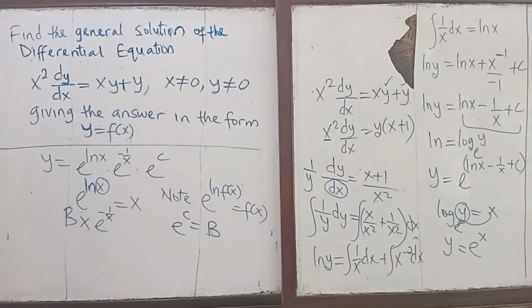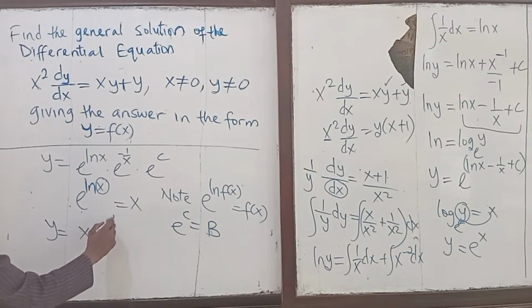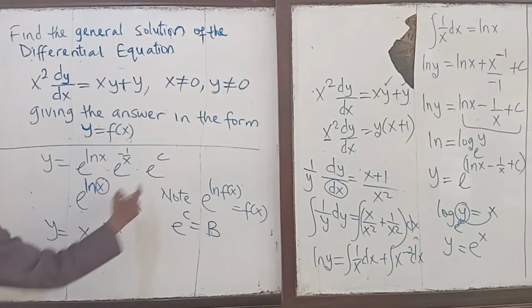So y is equal to x times e to the power minus 1 over x, times b.